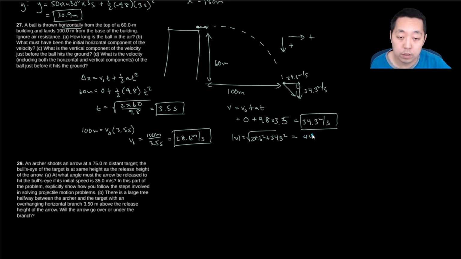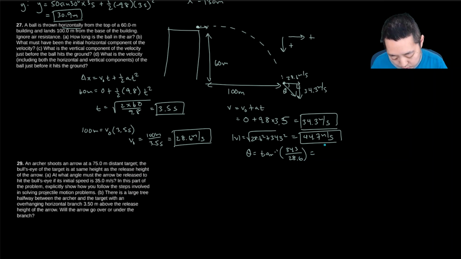The direction is the inverse tangent of the y value over the x value, so tan inverse of 34.3 divided by 28.6, which is 50.2 degrees.